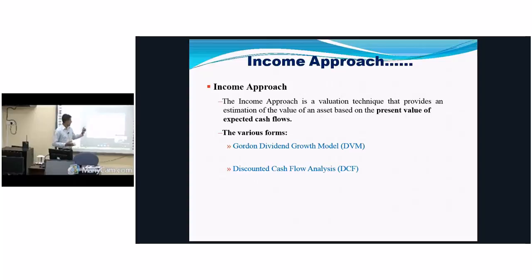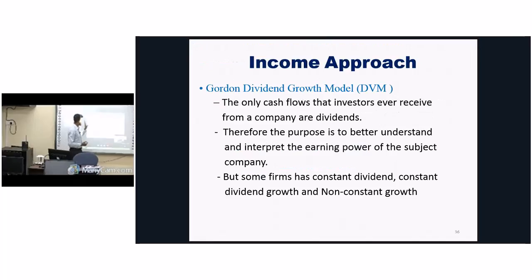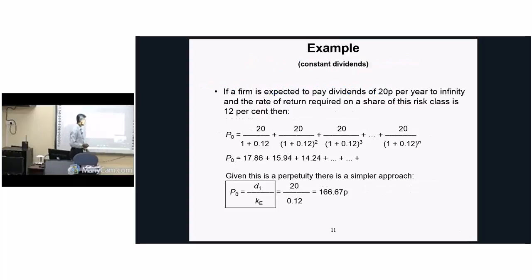But in this approach, we do. We take all the expected future cash flows and discount them into today's value, trying to find the present value of the business. That's why we say we calculate the present value of expected cash flows. I have already discussed this, so I'm not going to explain it again.